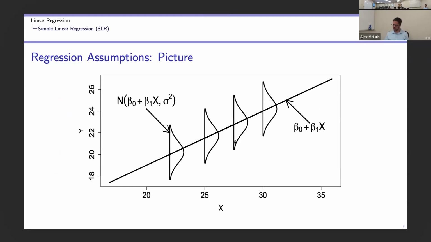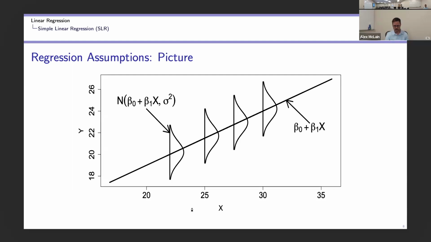I wanted to show you this figure first, and we'll go back to the assumptions after this. You see here what the statistical model looks like graphically. We have our X variable, we have our Y variable. That line is the overall linear relationship between X and Y. What these curves represent are where the actual observations could pop up.